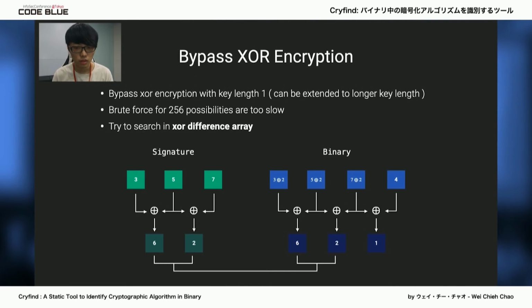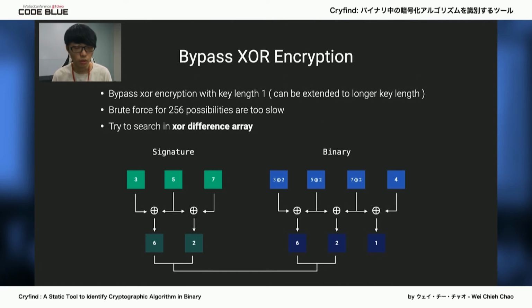So instead, we XOR the JSON bytes of the signature and also the binary to form XOR difference arrays. And then we simply search in this XOR difference array. And after we find a match, we can check for the correctness, and we are done.